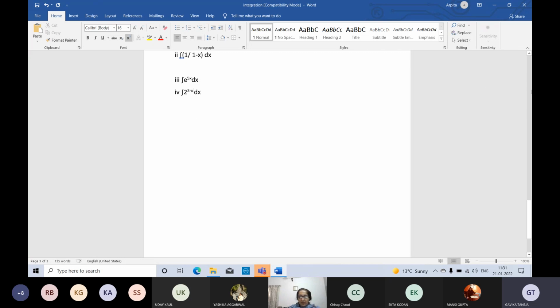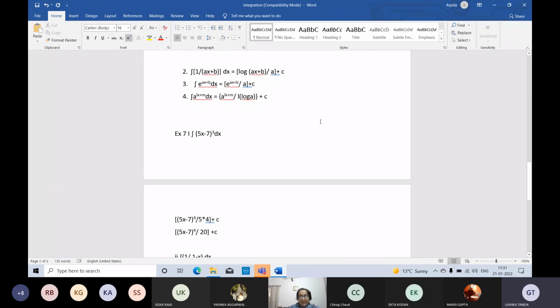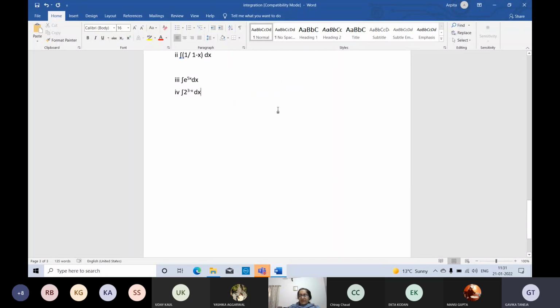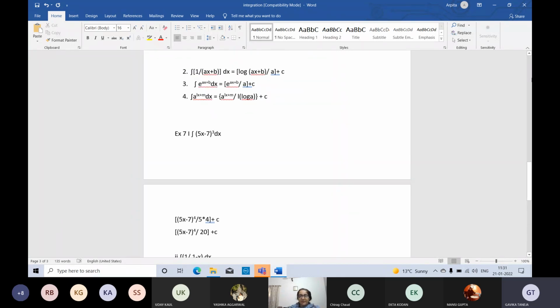So which means if I look here, a to the power lx plus m. So I'm saying 2 to the power 3 minus x upon log 2 into minus 1 plus c. This is what I'll get. Yeah, please solve it. I won't do it. Let's see if you are able to do this one. 2 to the power 3 minus x dx. And the fourth one you have to apply.